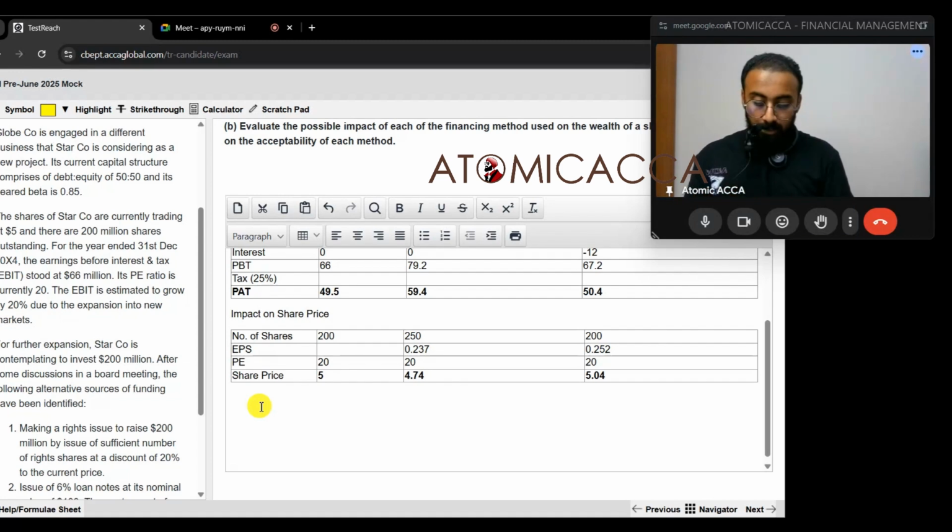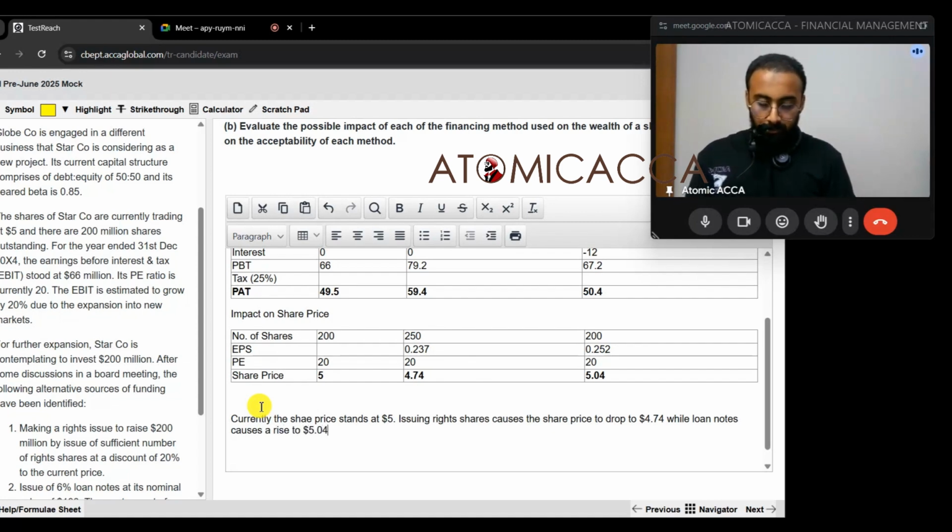So firstly, currently the share price stands at $5. Issuing rights shares causes the share price to drop to $4.74, while loan notes cause a rise to $5.04.